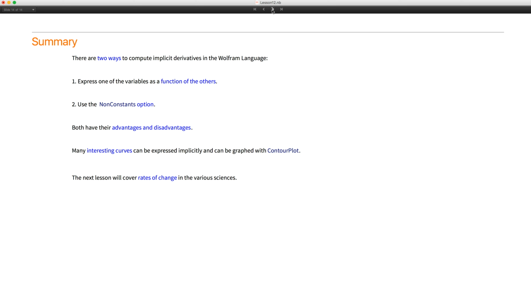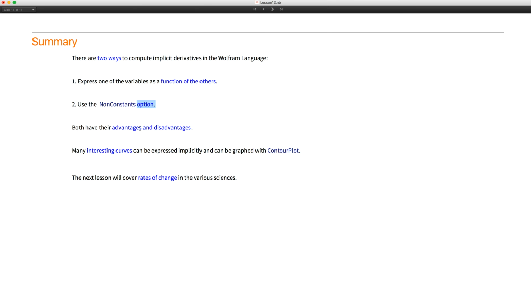Okay, so that brings me to the end of this lesson. So basically, there are two ways to compute the derivatives of implicit functions. In the first one, we express, let's say, y as a function of x. In the second one, you could use the non-constants option.